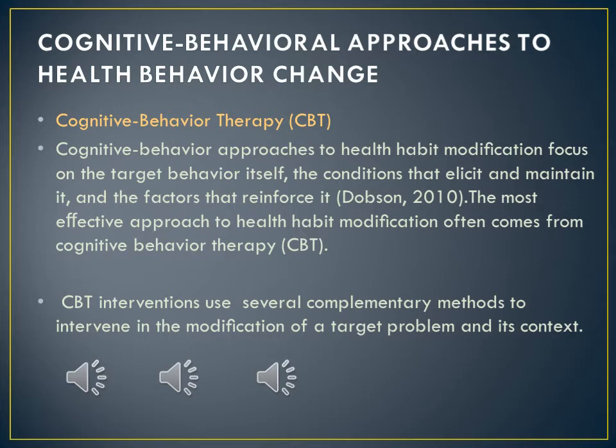From the topic it is very clear that something happens with the cognition, and that will lead to behavioral changes. So this approach is called the cognitive behavioral approach, and here you can see some of the therapies for restructuring the mind, or restructuring the cognition, which will make changes in the behavioral pattern.